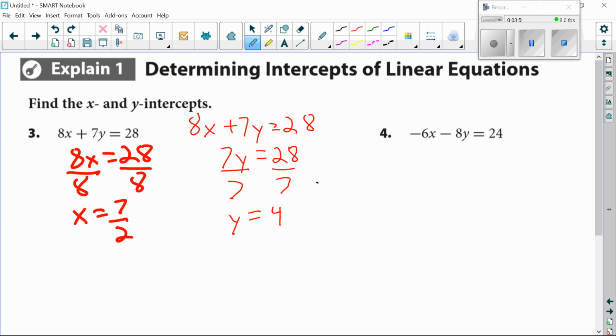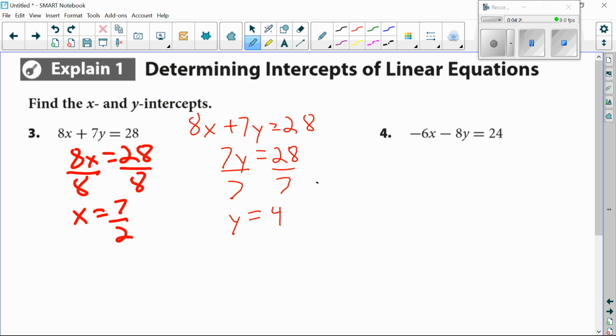All right, next let's take a look here at number 4. You can pause the video here and see if you can solve for the x-intercept and the y-intercept. Okay, so here we got negative 6x.